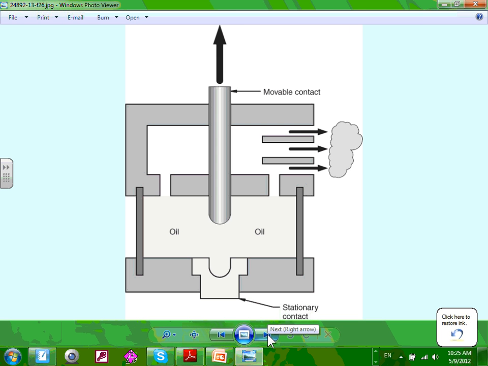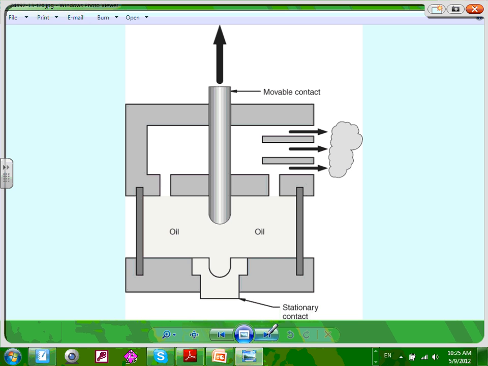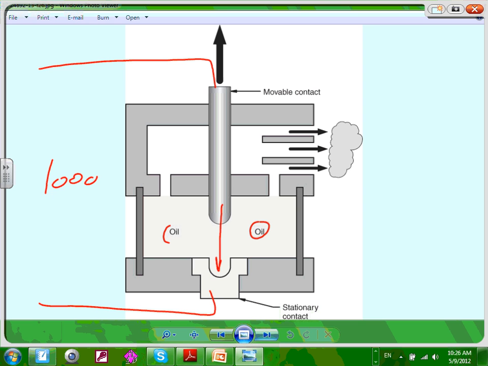This one is called typical vented type low oil. Vented type. Now this baby here, if you guys can see, it interrupts. Here's my oil. This is supposed to come in here to interrupt. So my circuit is coming in, I assume, and out. Here's my 1000 amp and 13K.